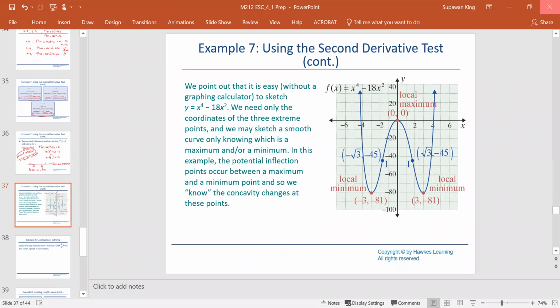And when we see the graph, we see the critical values at negative 3, 0, and 3, where the slope is 0, or the horizontal tangent at those three points. And the hypercritical values at negative square root 3 and square root 3, where the graph changes from concave upward to concave downward, and from concave downward to concave upward.